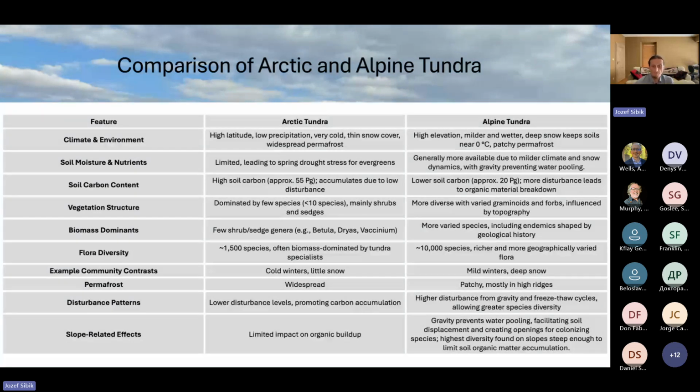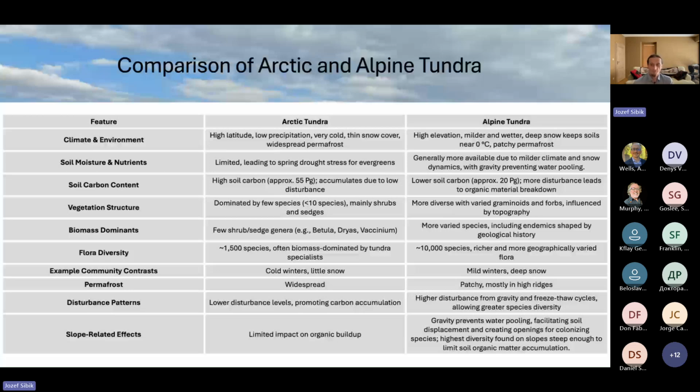Regarding permafrost, while in the Arctic permafrost is widespread, in alpine tundra it is patchy and mostly on higher ridges and in smaller areas. Also, there are big differences in weather during summer.